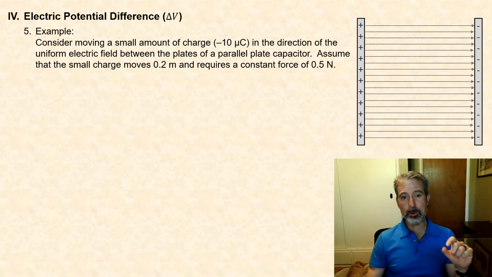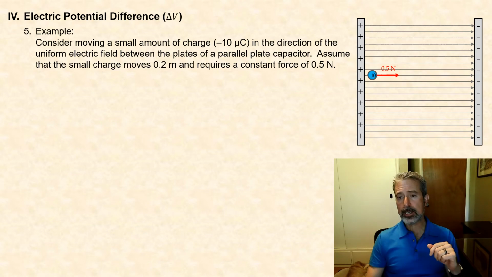Assume that the small charge moves 0.2 meters and requires a constant force of 0.5 newtons. So let's get a picture of this here. So we have our minus 10 microcoulombs of charge, and you'll notice that it is a negative charge. So if we are going to move it towards the negative plate, we're going to have to apply a force on it and do some positive work.